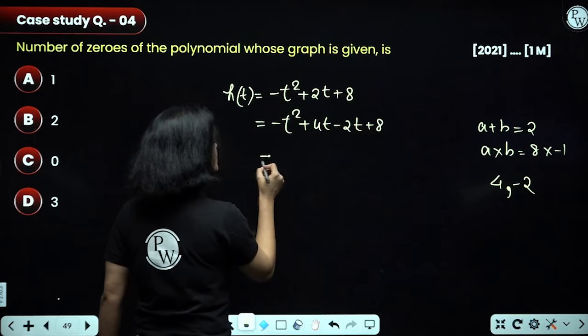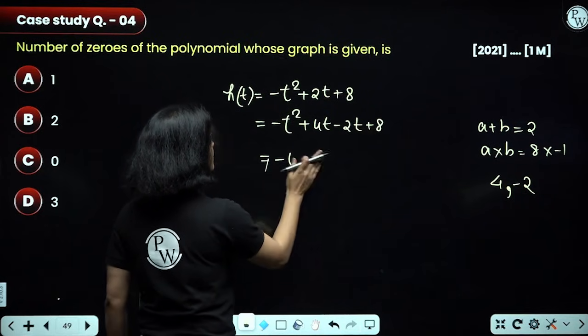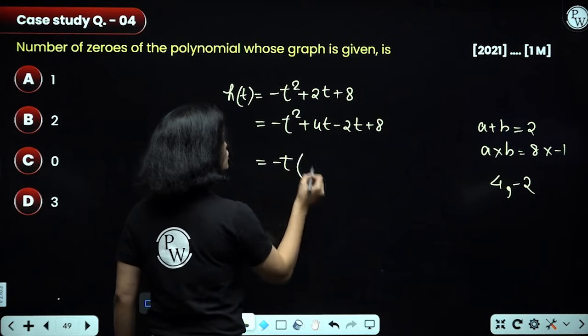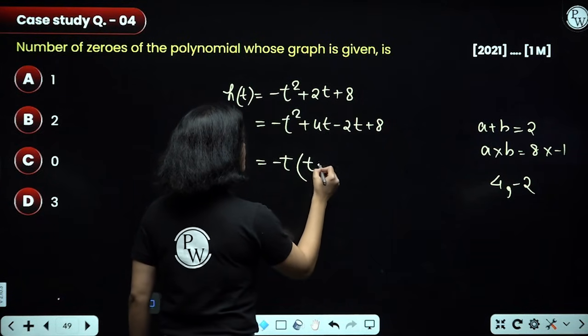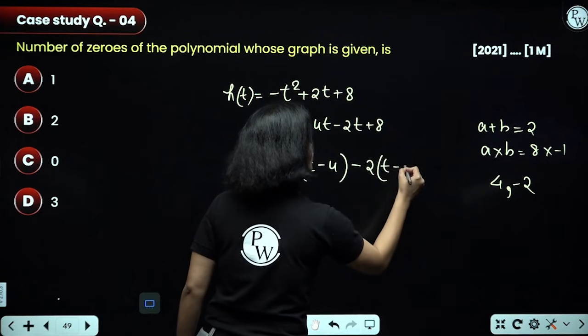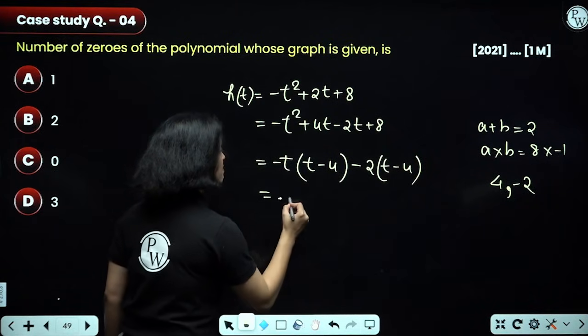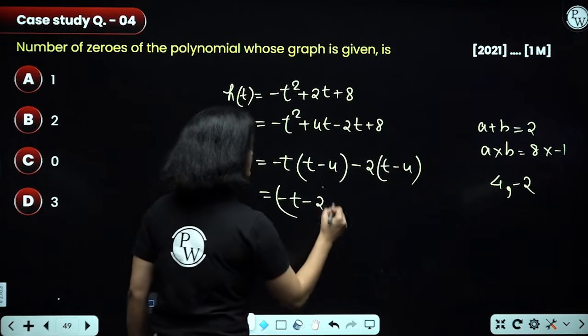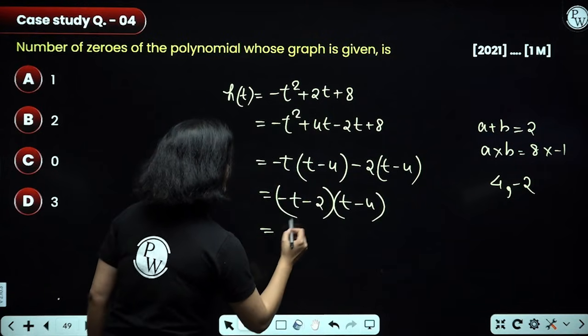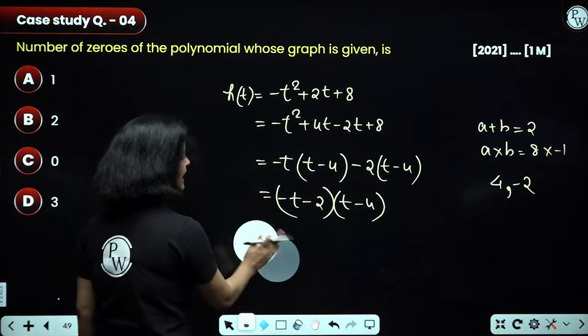Okay, everyone. So this will become what? Let's just take a common here. So I'll take minus t common. So inside I have t minus 4, and here I'll take minus 2 common. So I'll have t minus 4 common here, right? So this will become minus (t minus 2)(t minus 4). So the zeros, I'll directly write the zeros, everyone.